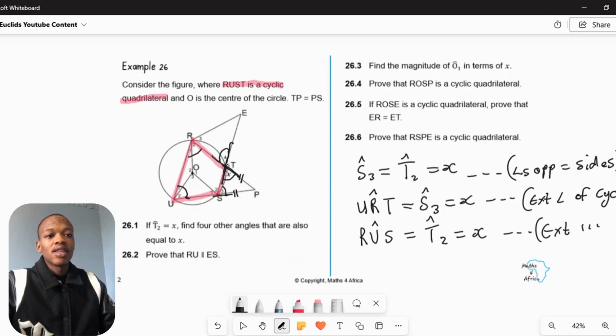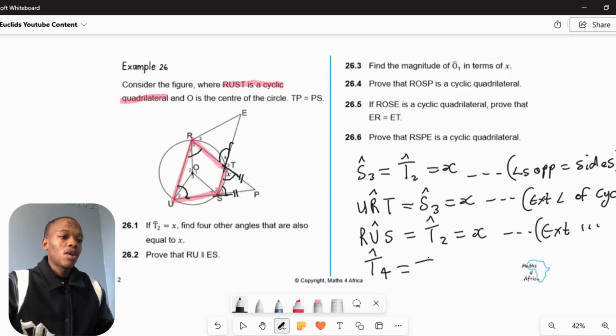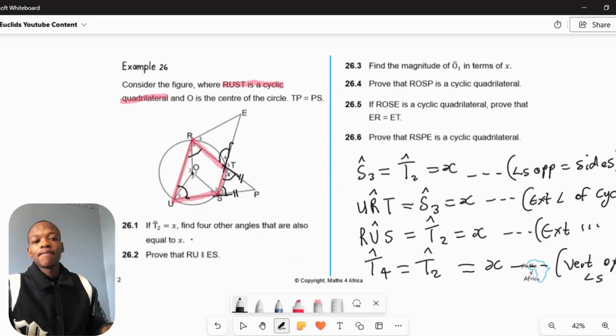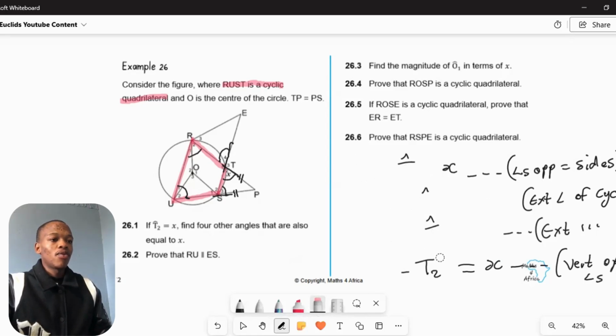So we can have vertically opposite. So T4 is equal to T2 and they're equal to X. The reason is vertically opposite angles. I hope we're fine with that.